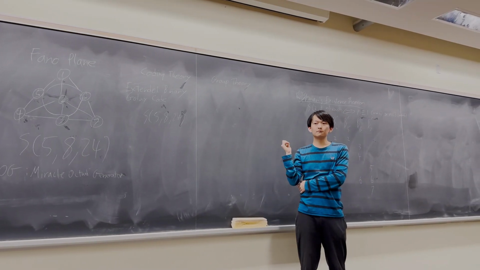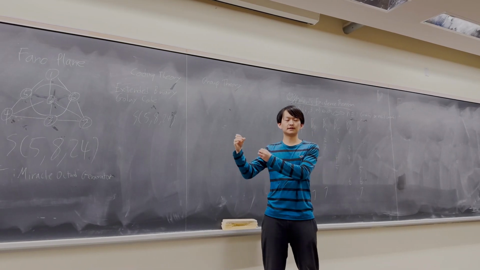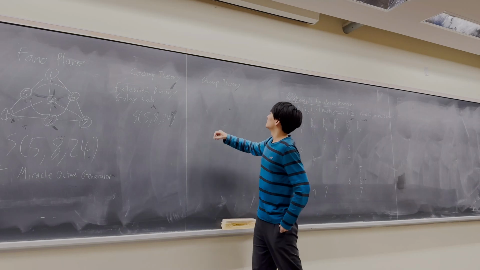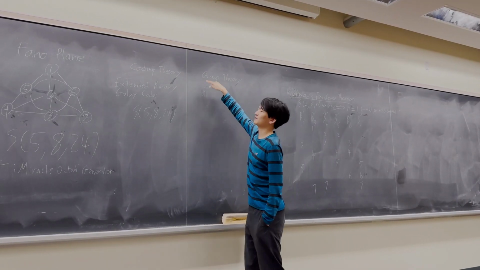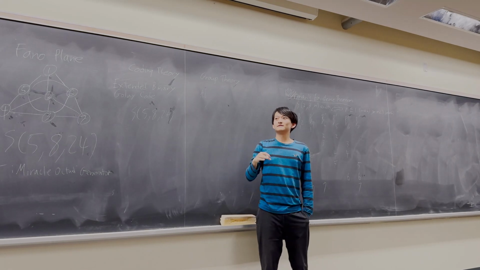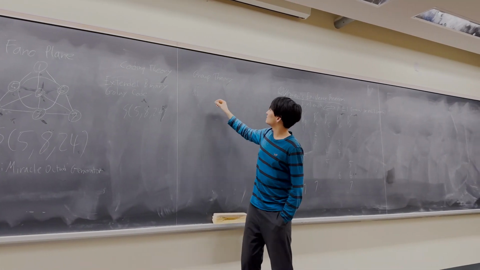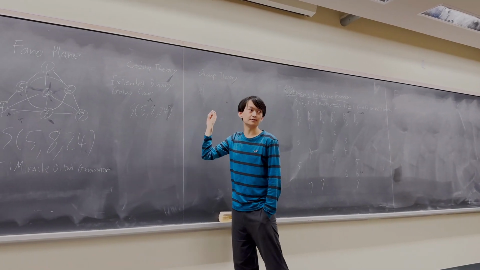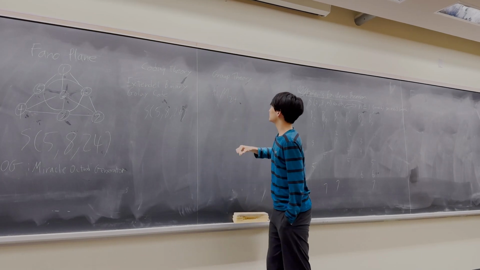And within these 26 sporadic groups, we have a subset of them which are called the Mathieu groups. I don't really know how to spell it, so that's fine. One of the things about Mathieu groups that connects to Steiner systems is M24.